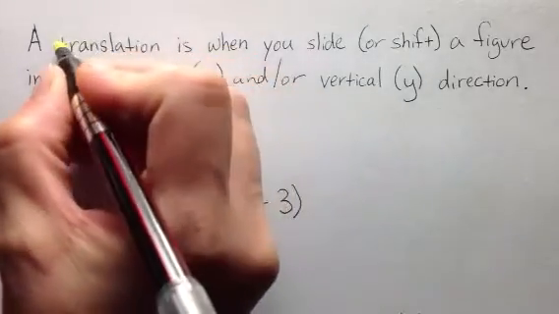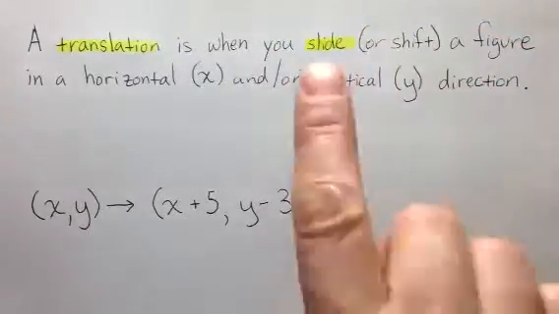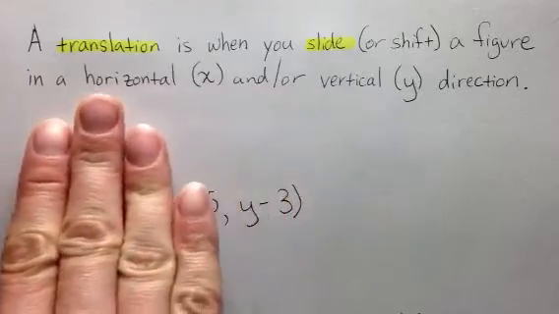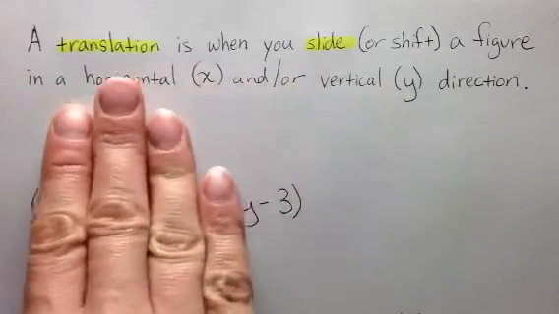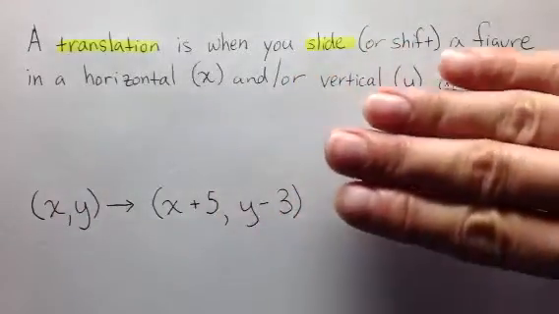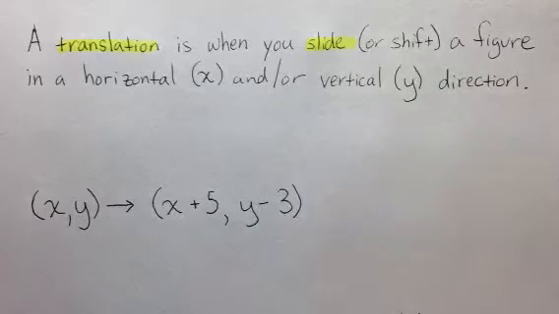Okay, let's remember that a translation, the definition, is when you slide or shift a figure in a horizontal, which is your x direction, left or right, and or, so you could be one or the other, both, a vertical, that's up or down, the y direction.